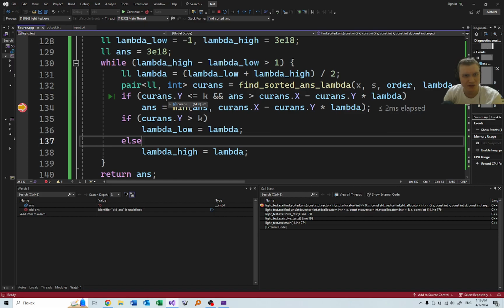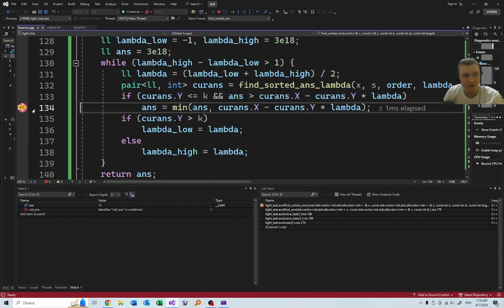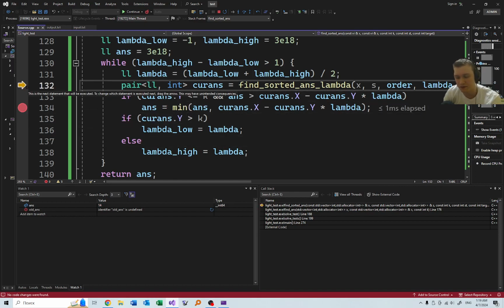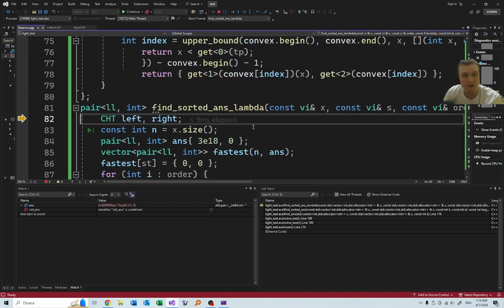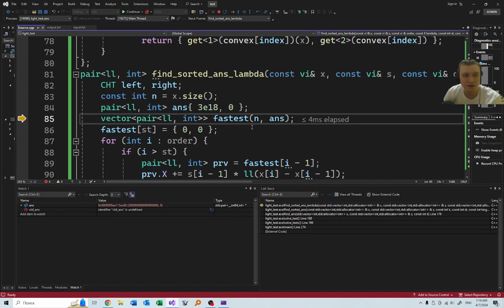Okay, for some reason it's now 14, and even after that it's 13. Let's look into this function.